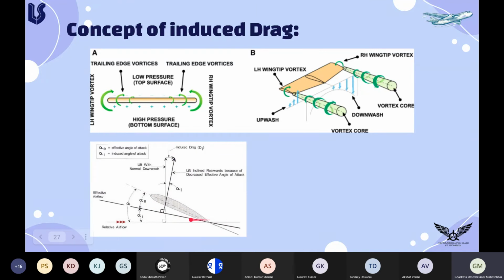So this is the relative airflow, so drag is perpendicular to this. So you can see that a component of lift is added to this drag. Before I explain, let's take a pause. After that I will explain how this works.